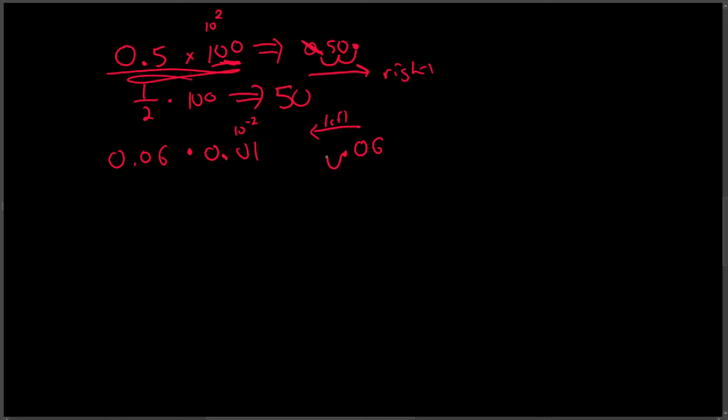So I'm going to go 1, 2 to the left, and I have to fill in the zeros. So 6 hundredths times 1 hundredth is 6 10,000ths. Well, if we look at the fraction, 6 hundredths times 1 hundredth, that's going to give me 10,000 on the bottom and 6 upstairs, which agrees with this.